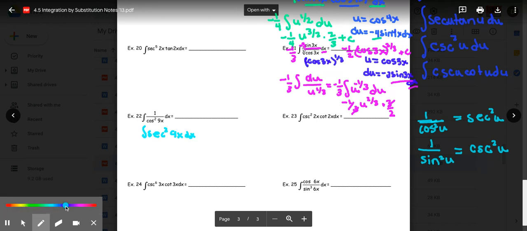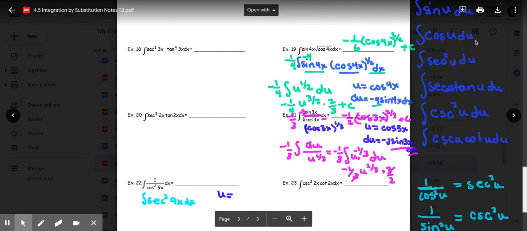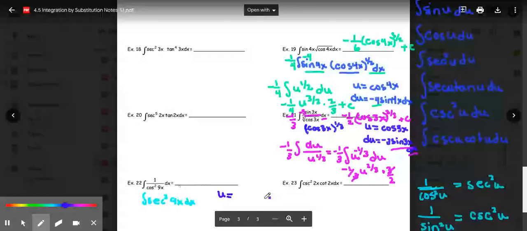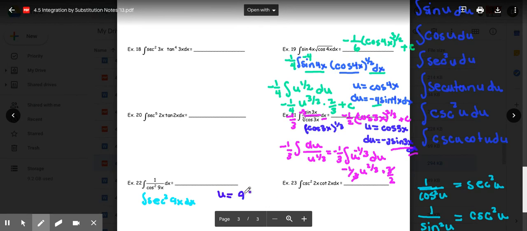So I'm going to pick my u, okay? Now, this one looks like, and if I move this up, it looks like this one right here. So that means you make u just 9x. So I'm going to make u the inside, 9x. My du is 9 dx. So I don't have a 9 in there. I'm going to put a 9 in.